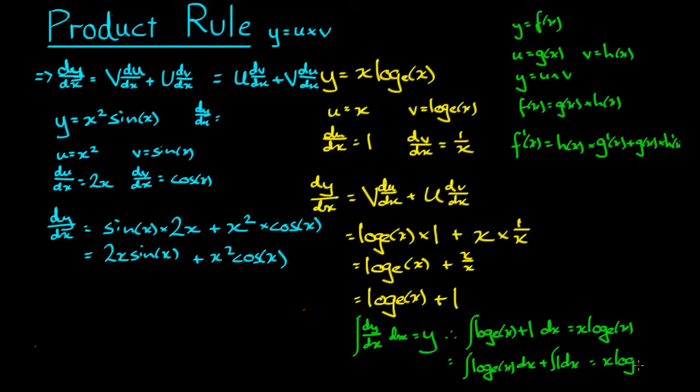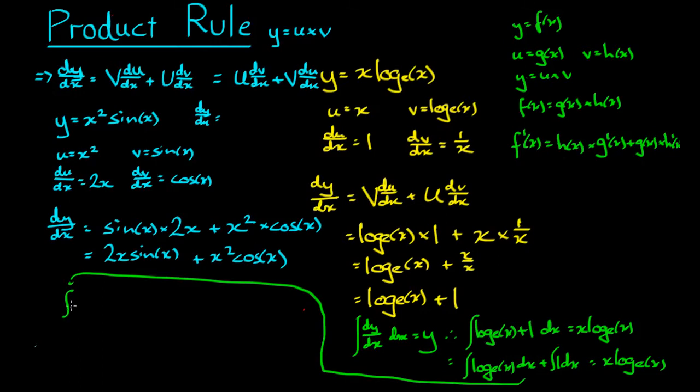x log_e x. Now I've run out of space, so we'll go over here. Therefore the integral of log_e x dx is equal to, we'll say plus, and we're going to solve this integral down here, that's x, is equal to x log_e x.